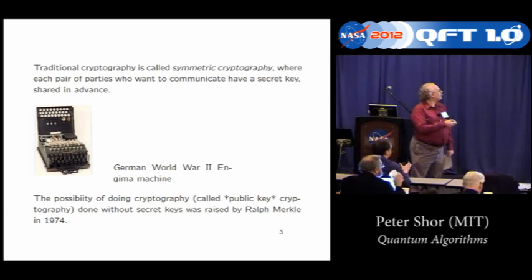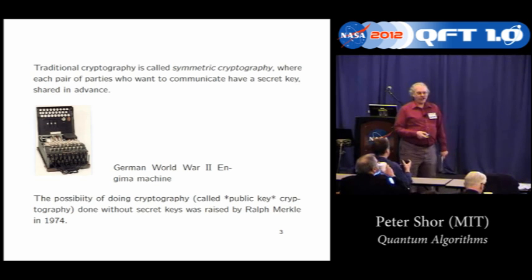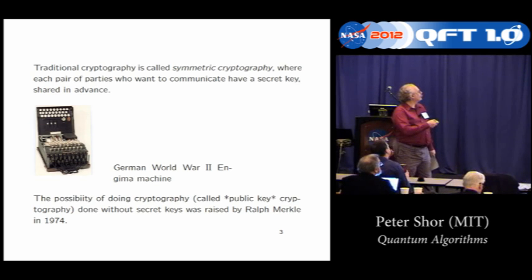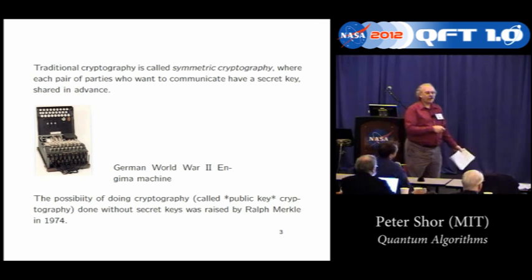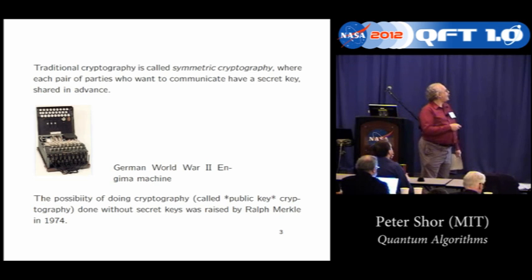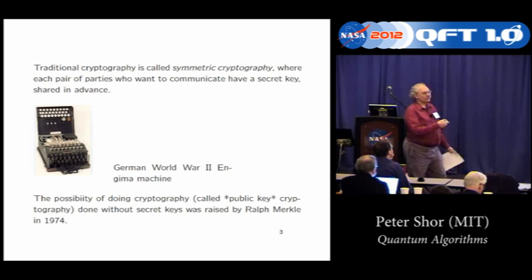The sender and the receiver have the same secret key, which means that the sender sets the rotors in this Enigma machine to a certain setting and then types in the message. And the receiver sets the rotors to the same setting and types in the ciphertext, and the message comes back out.